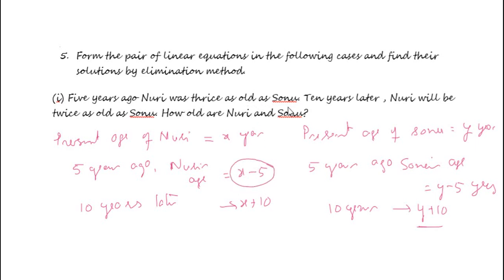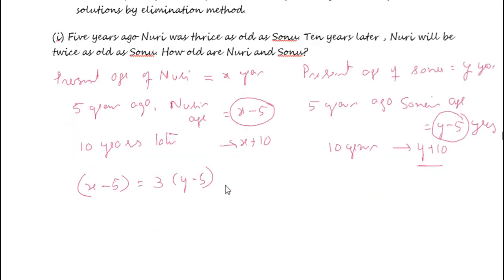She was thrice as old as Sonu. Sonu was at that time y minus 5. So x minus 5, Noori was 3 times Sonu's age. So now if you simplify this one, x minus 5 equal to 3y minus 15. Now x minus 3y minus 5 plus 15 equal to 0, or x minus 3y plus 10 equal to 0. This is equation 1.